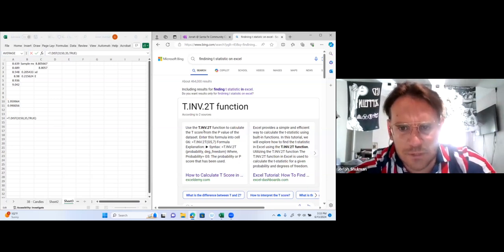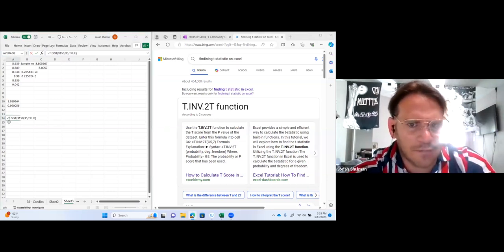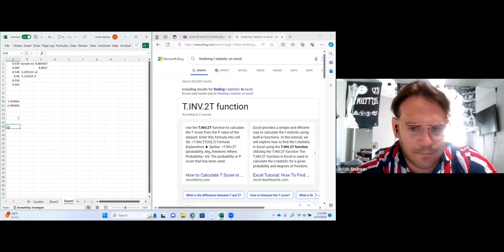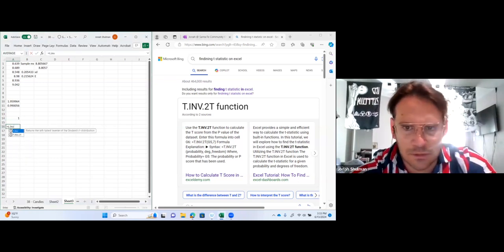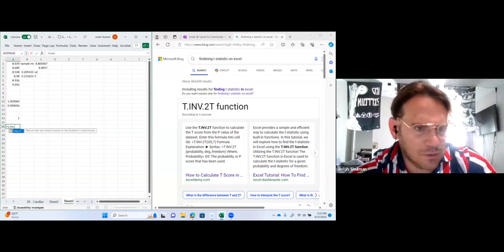Oh, it's the inverse of this. Let's try it. Equals t dot inverse dot 2t.